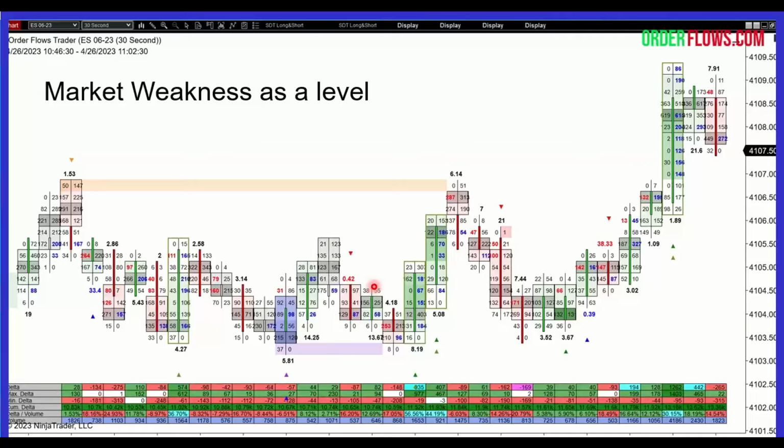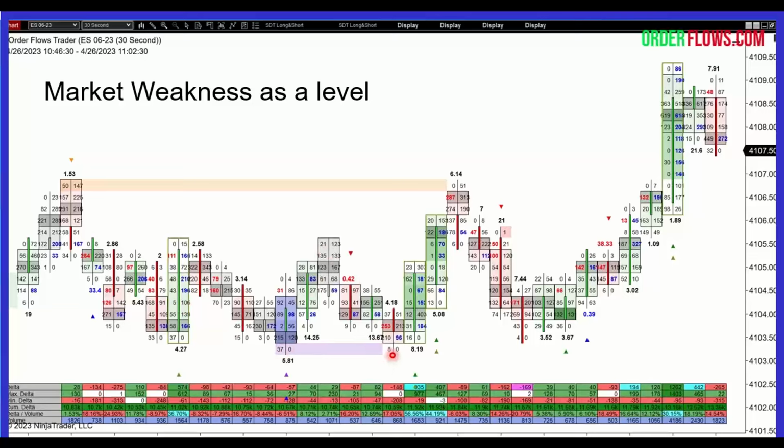Okay, so market weakness as a level, right? Here, here. If I know I got market weakness here, maybe if we come back up, it'll still show weakness there because what happened? Market was going up, buyers got tired, market sold off. Okay, sellers are getting tired down here.